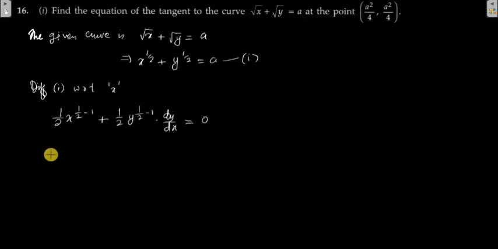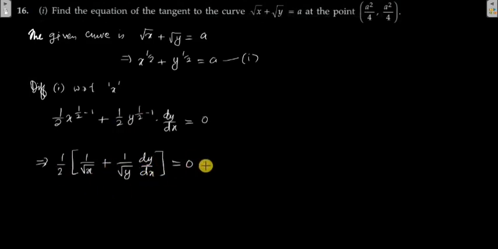See here carefully, I'll take half common. Then this is x to the power minus half, which can be written as 1 by root over x, plus, with half gone outside, y to the power minus half can be written as 1 by root over y dy by dx, and this is equal to 0.